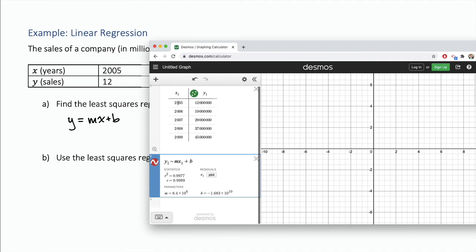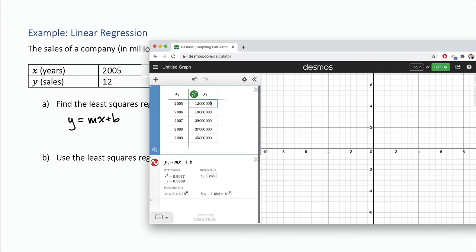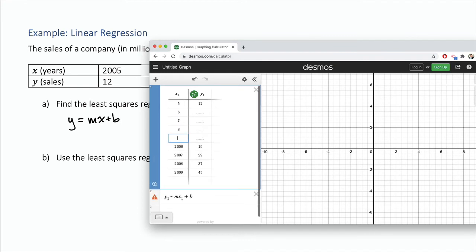Because of the numbers here, these actually are huge numbers, so I'm going to change my units. Let's go back to the original numbers that were there, instead of putting in million. It probably was a bad idea to change the form of the question. We could also change the years, so we'll just do 5, 6, 7, 8, and 9.